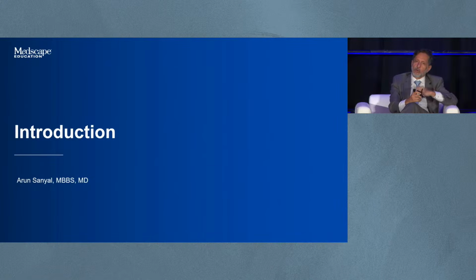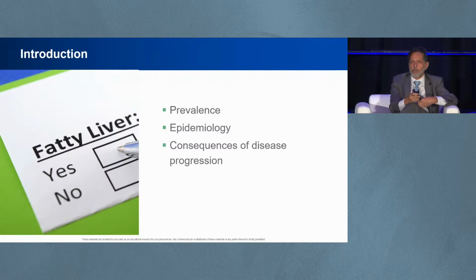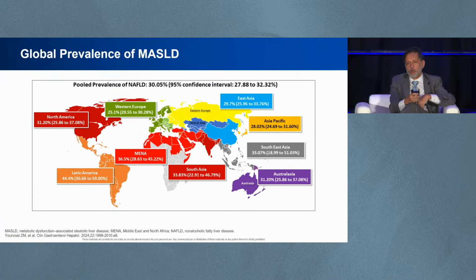And so just to further introduce the topic, some of the things we want to talk about are the prevalence, the key epidemiologic things that you as a clinician should know, and really talk a little bit about the consequences of disease progression and what that means for our patients. So these are data from Zubair Younossi, where we look at the global prevalence of MASLD.